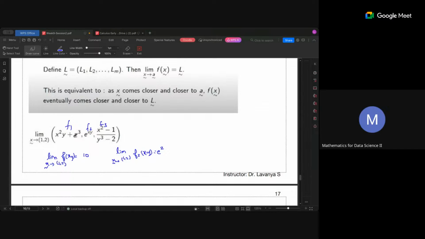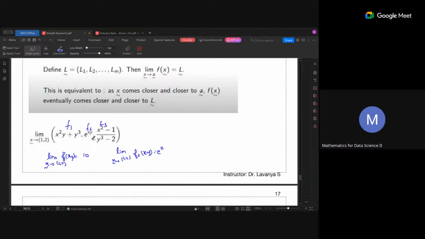As we told you, for polynomial functions and exponential functions, where you can straightforwardly see that the limit exists, you don't have to check whether the limit exists. These are very straightforward functions. We can directly plug in the values.